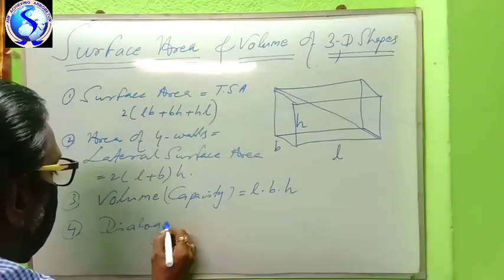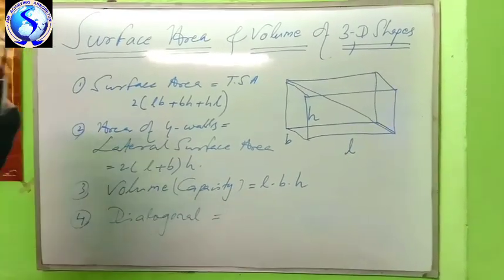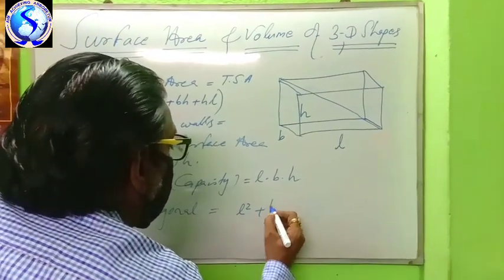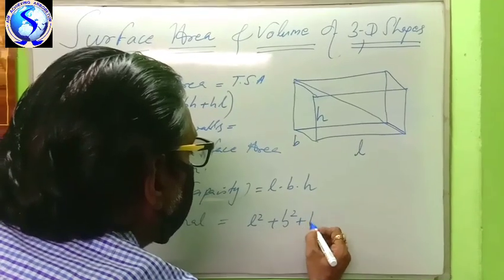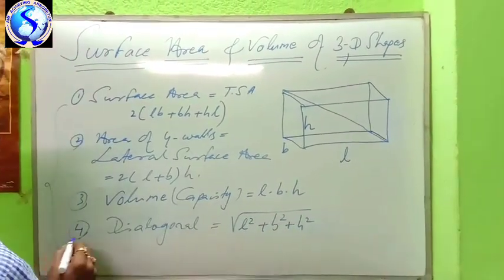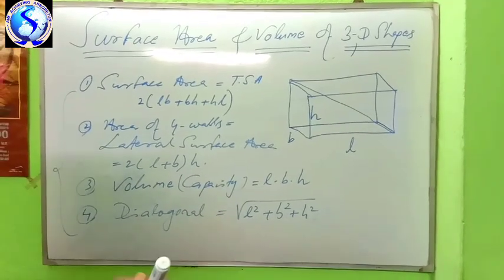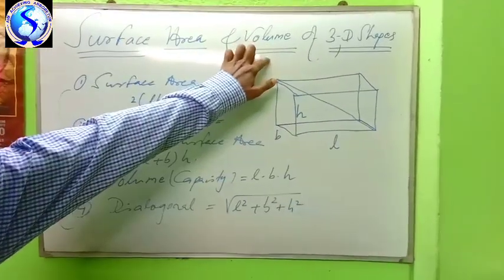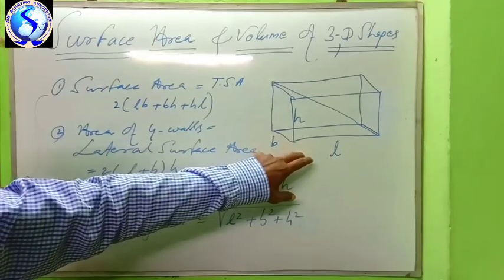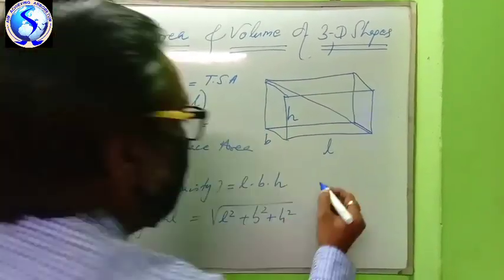The length of diagonal of a cuboid, how to find out? That is square root of L square plus B square plus H square. There are 4 formulas required for the calculation of surface area, volume and diagonal. Which one have we taken? That is a cuboid.